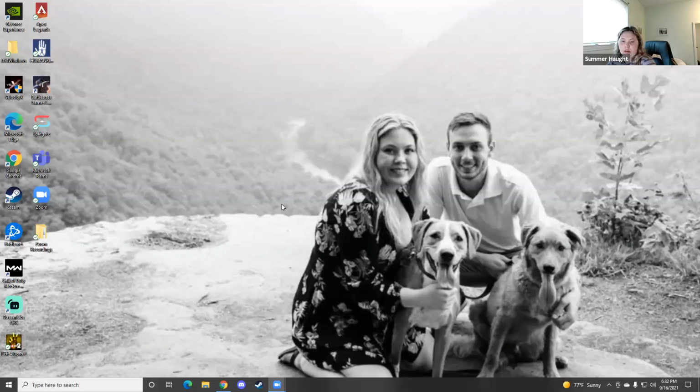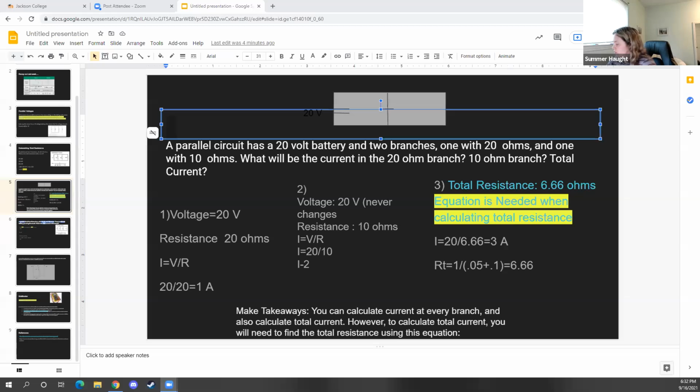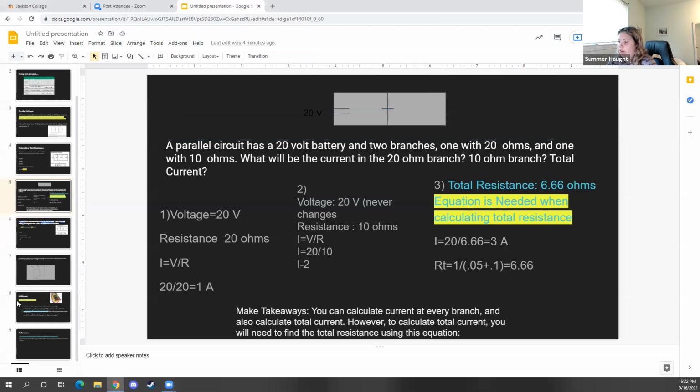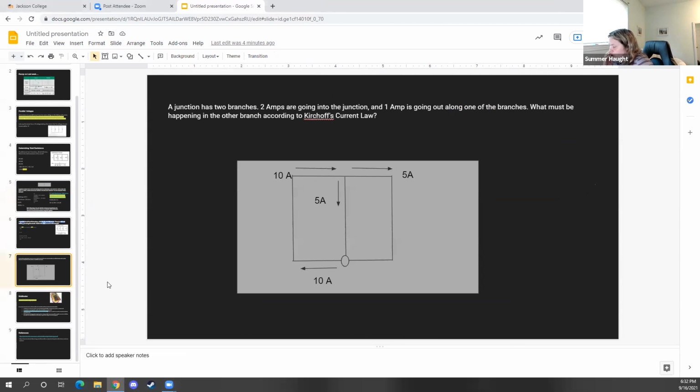So basically that's the same exact thing of what I did here. In this situation, the electrons flowing right here stopped at this junction, and then the speed split up, and some went 5 amps, and the other went 5 amps, and then right here, they met back up and went 10 amps.